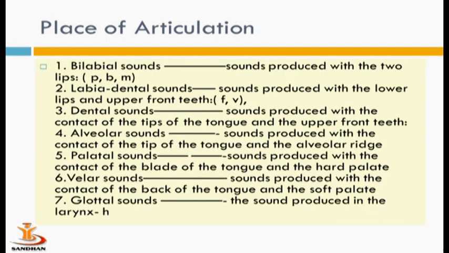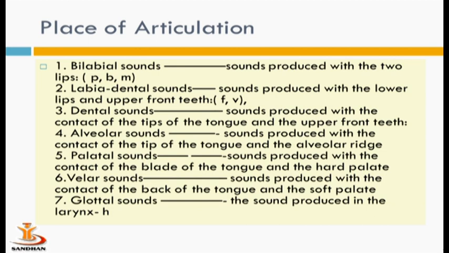So, can we now try and understand what is happening in the production of these sounds? Bilabial sounds, p, b, m. Sounds are produced with the two lips. Labiodental sounds. Sounds produced with the lower lip and the upper front teeth.